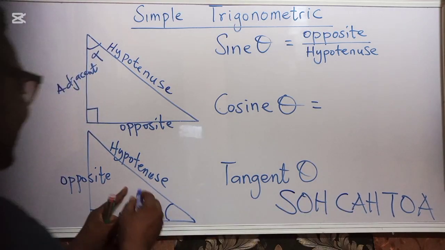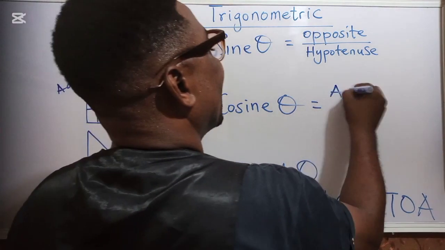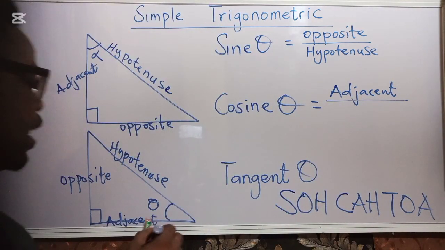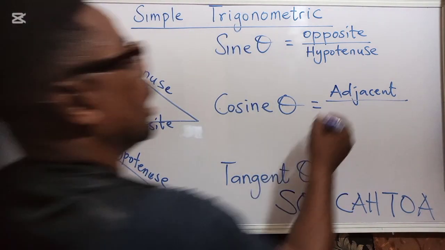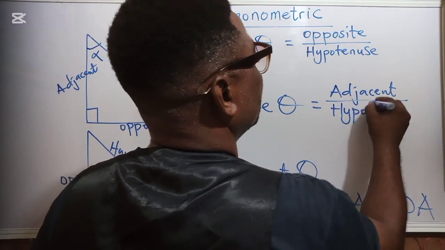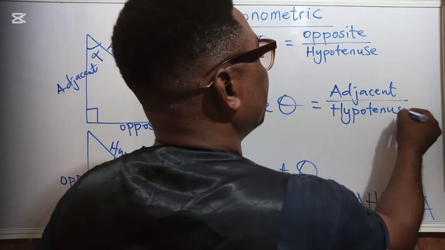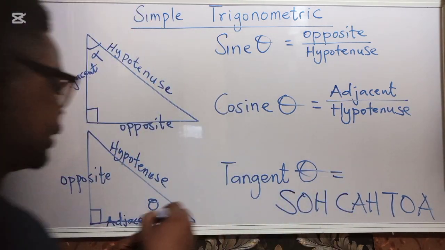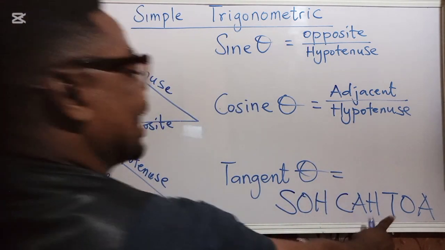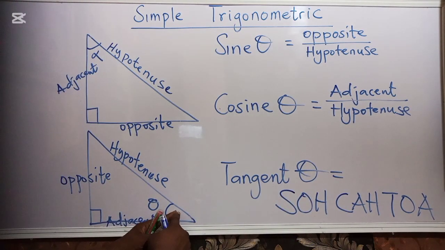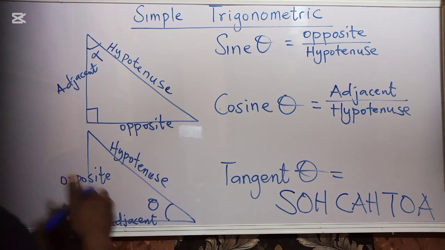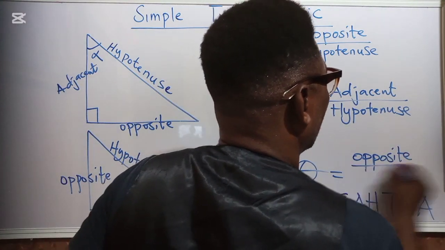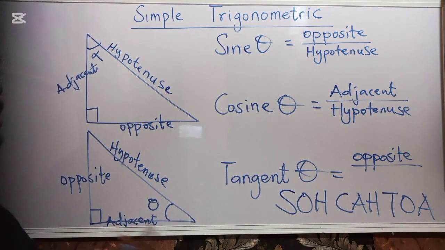That is adjacent over hypotenuse. You can see I am using this SOHCAHTOA to relate my formula. Yes, let us look at TOA now. TOA, that is tan theta. O is opposite over A is adjacent.